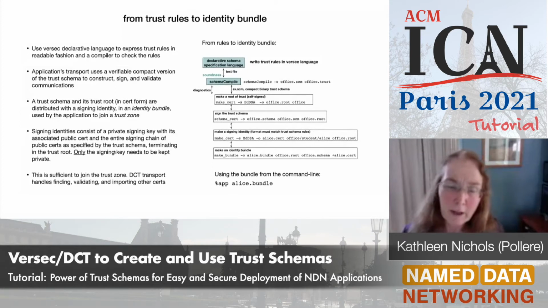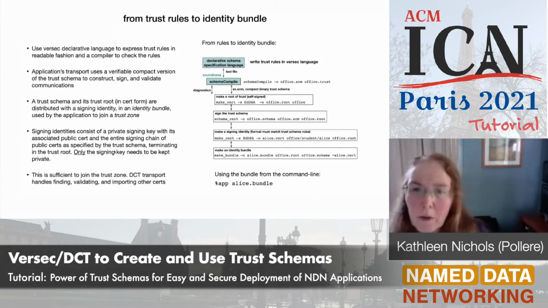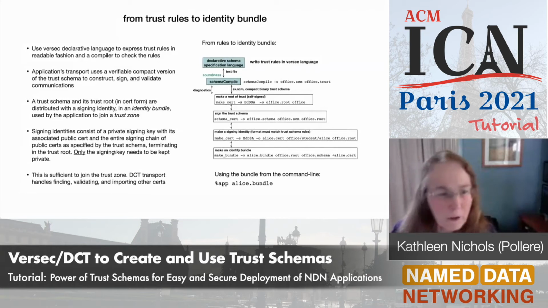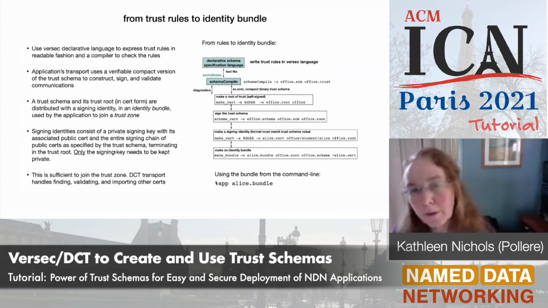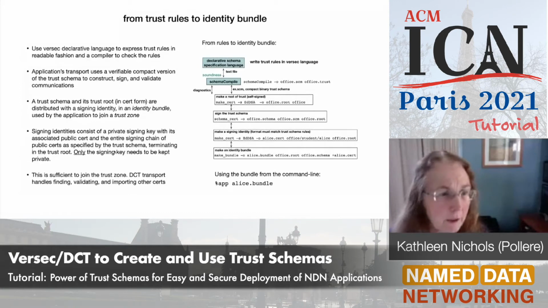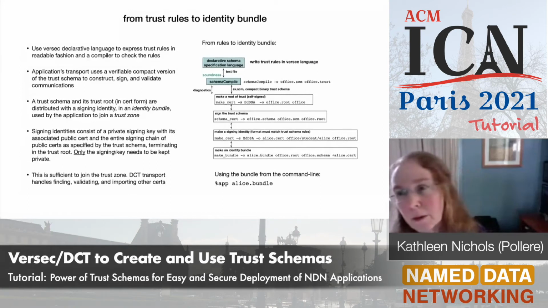It's going to be validating and importing all the other certs that are out there. Let me go to the right-hand side, but before I do that, maybe I should see if there's any questions about the things that I was summarizing before I start talking a little bit more about the nuts and bolts.